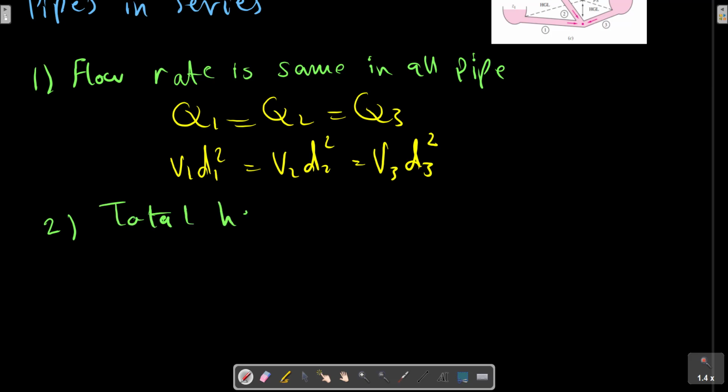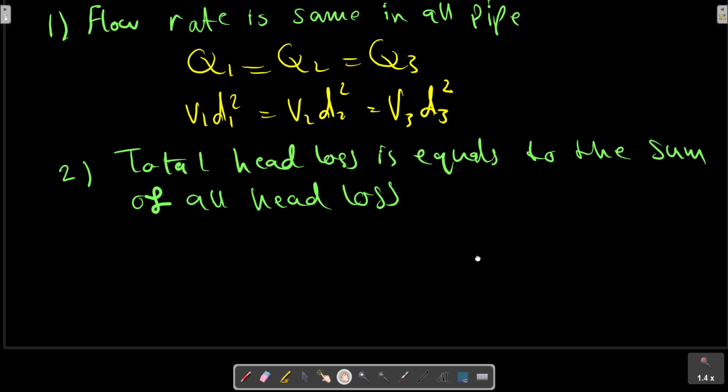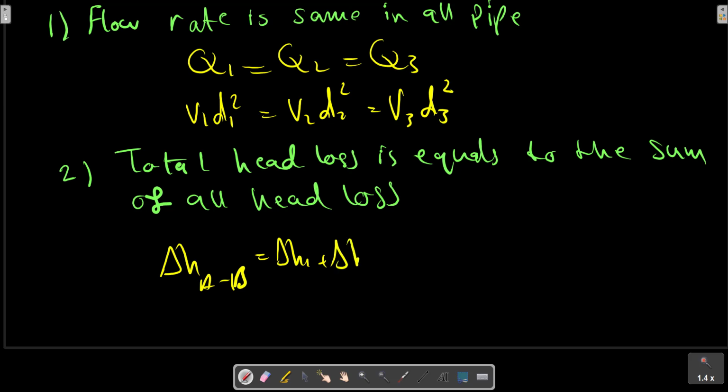Total head loss is equal to the summation of all head losses: delta H1, plus delta H2, plus delta H3, where delta H is a quantity.